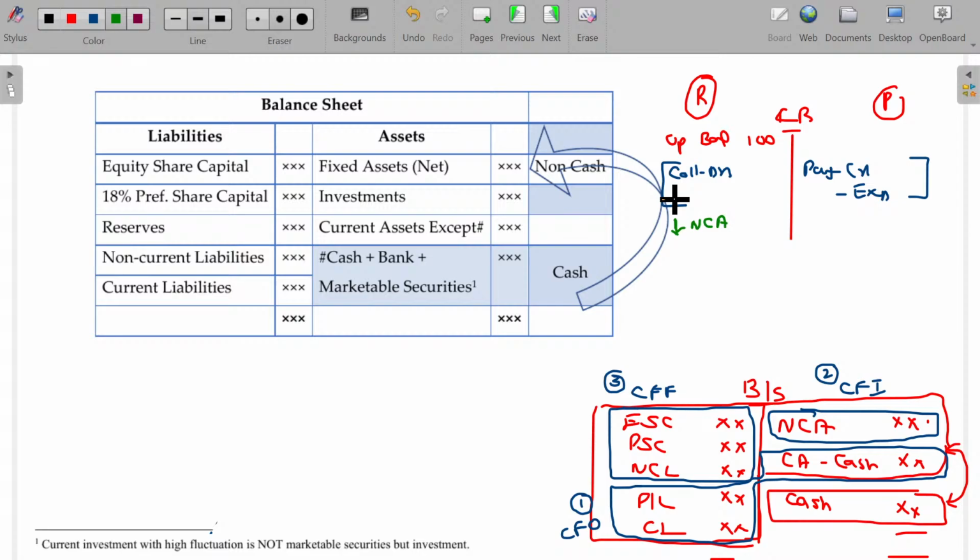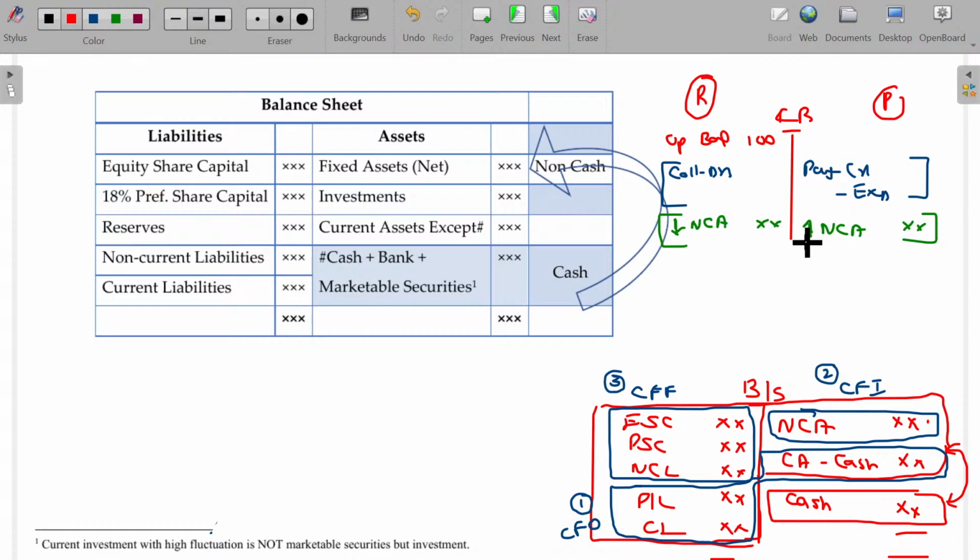The decrease of non-current assets due to depreciation may also be there, but the decrease in value of the assets due to depreciation will not have any cash impact. If you are selling and collecting the cash, it will have the impact in cash form. So it's a receipt side that will be shown here. Increasing the non-current asset is nothing but purchases. Decrease and increase: this will be called cash from investing.